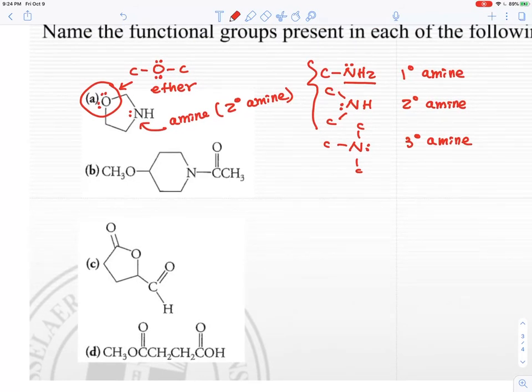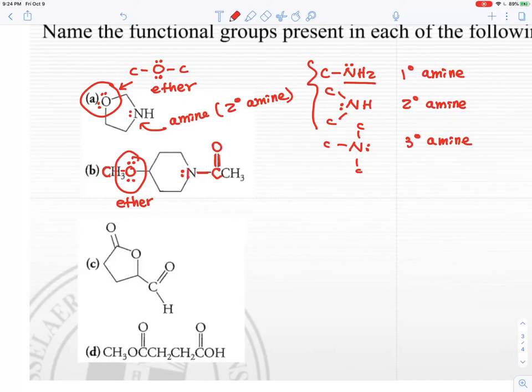Once again, here is another one. These carbons and oxygens are connected like this, and there are 2 lone pairs, the same as before. This is an ether. Now this is the nitrogen, but the nitrogen is connected to a carbon that is not a normal carbon, but an sp2 carbon with a carbonyl group.